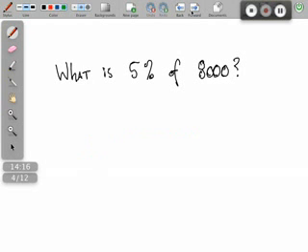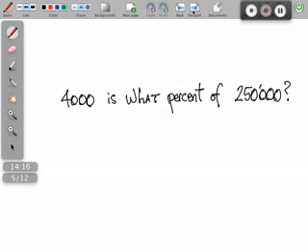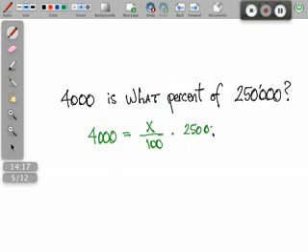What is 5% of 8,000? What is 5% of 8,000? 4,000 is what percent of 250,000? 4,000 is what percent of 250,000?